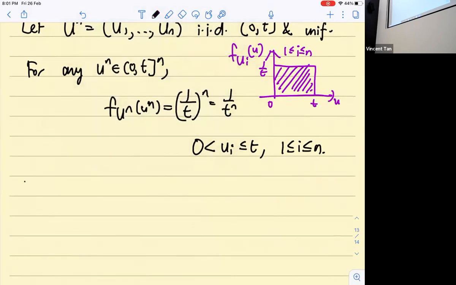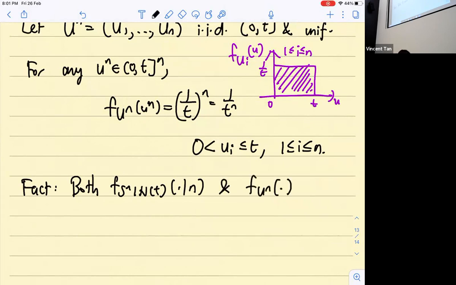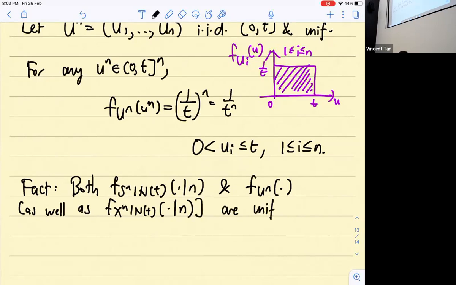Fact: both f of Sn given N(t) equals n, that's the distribution of Sn conditioned on the fact that N(t) equals n, and f of Un, as well as f of Xn given N(t) equals n, that's the distribution of Xn conditioned on the fact that we have already seen n arrivals at time t, are uniform over the space in which they are positive.